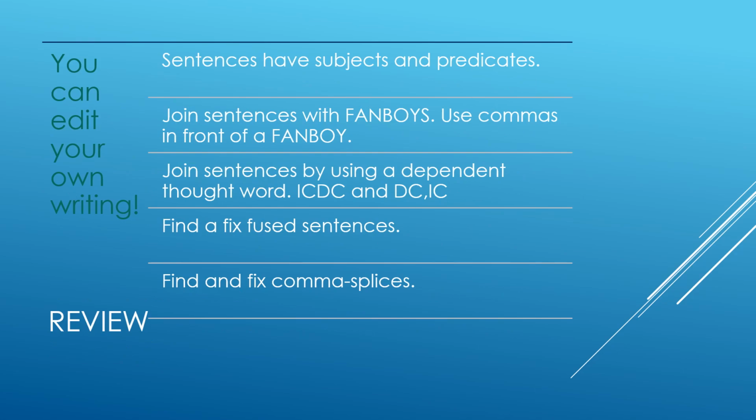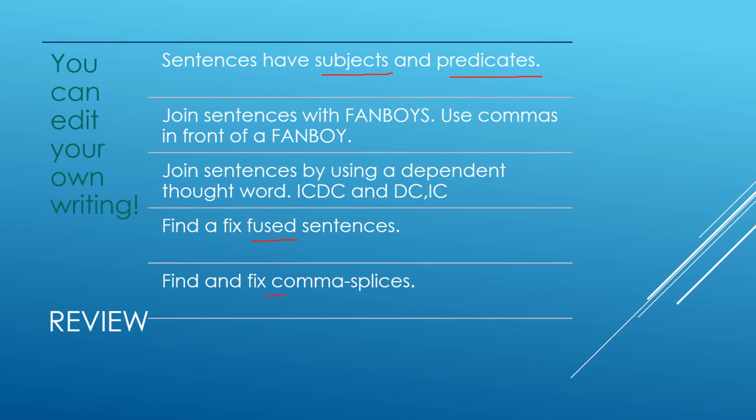So just to recap and review, there was a really important thing that I was asking you to remember about grammar, which is that a complete thought has a grammatical subject and it has a predicate. That makes a complete thought. The other thing is that you do not want to write fused sentences, and you want to figure out how to find and fix run-ons.